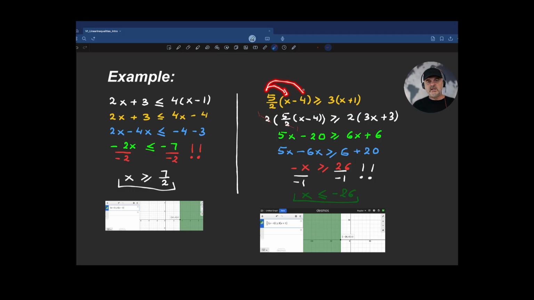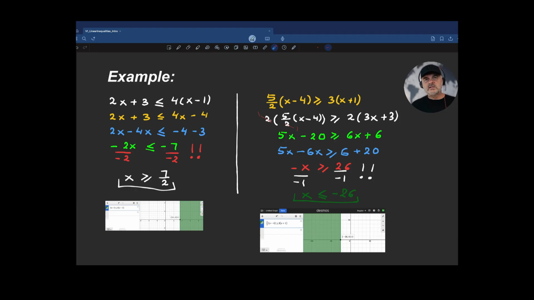You would multiply on the left side 5 over 2 by each term, on the right side 3 times each term inside of the brackets. So that is the must step. You have to simplify, rearrange, and then isolate for x. So let's go and accomplish that.